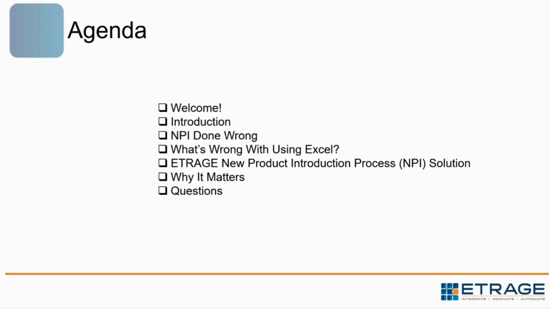In many cases, customers currently use free solutions like Excel and/or email to do NPI, so we want to look at what's wrong with that process. Then, against that backdrop, we introduce the NPI solution that we have, and afterwards dive into a value slide, and then some questions and answers.